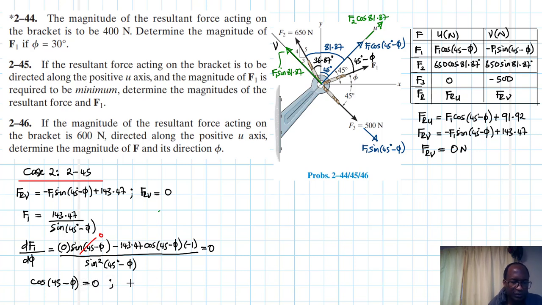One of the solutions here is 45 - phi equal to 90, and therefore phi is just going to be equal to minus 45 degrees.